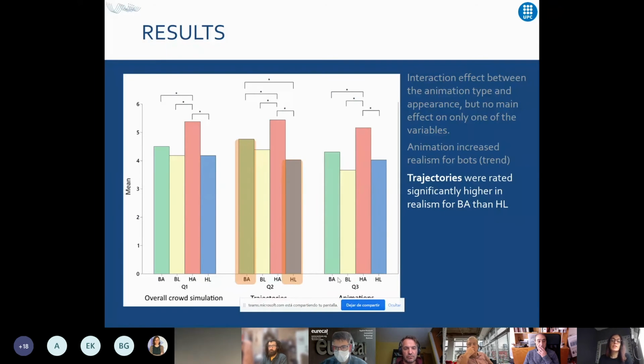And for the case of evaluating trajectories, which is something we do very often in crowd simulation, we noticed that having bots with animation variety would give higher realism to the trajectories than having humanoids that were only walking around. This is an interesting element that is probably related to the well-known uncanny valley.